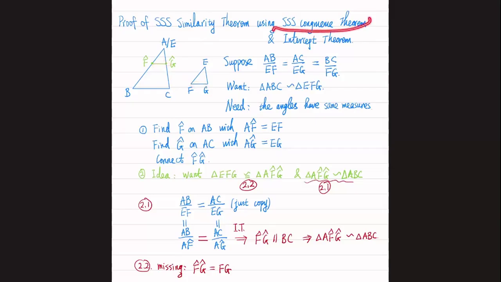We want to use this SSS congruent theorem. We need to check all sides. We know the first pair. Can you hear me? Then, yes, Fred. Here, right?